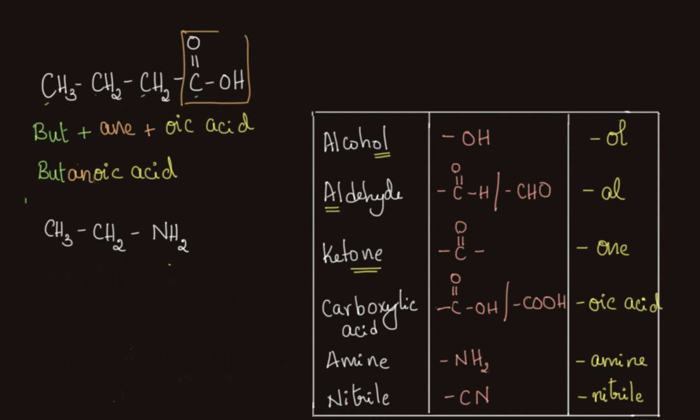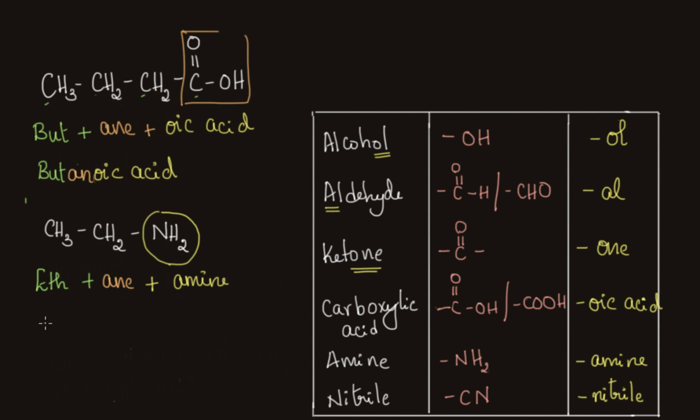Similarly, let's name the second compound. In the second compound, we can see there are 2 carbon atoms, therefore the root word used is eth, plus all are having carbon-carbon single bond, therefore the primary suffix is ane, plus, now what is the functional group present? So the functional group present is NH2, and what is NH2? NH2 is amine, and the suffix we use is also amine.